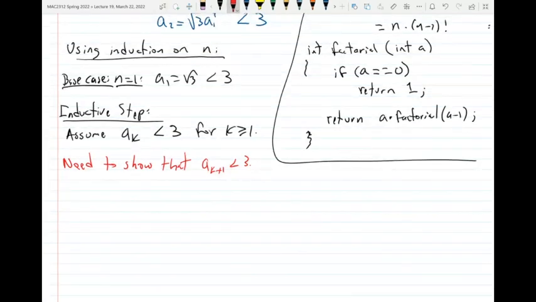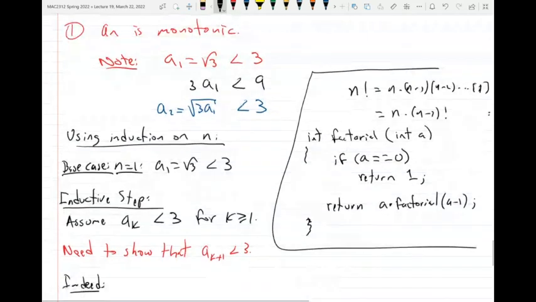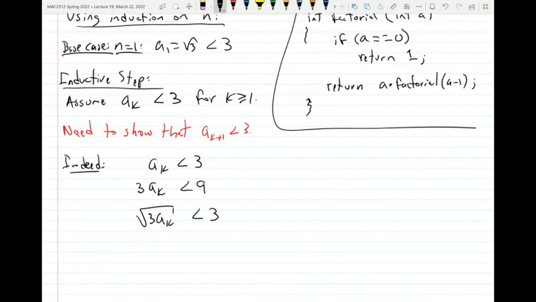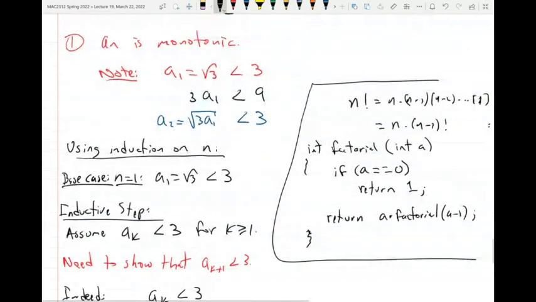So indeed, we're going to do exactly what I just did here. Okay? So ak, we know ak is less than 3. So if I multiply by 3, it's going to be less than 9. If I take square root, it's going to be less than 3. Yes? But now, what is the square root of 3 times ak? That's exactly the next term in our sequence.